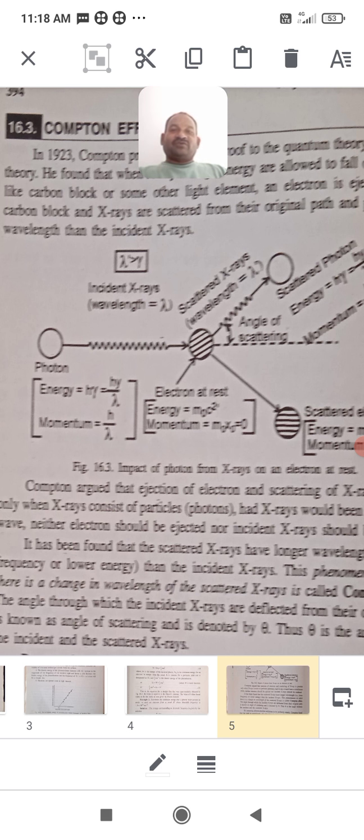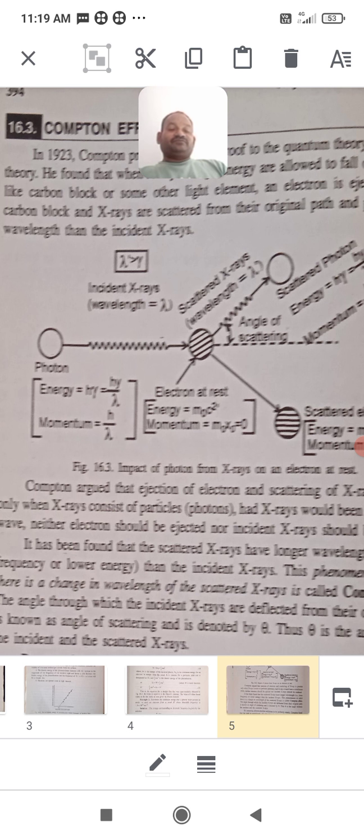The main theme of the Compton effect is that X-rays pass onto a metal surface. Then the metal absorbs the energy. That energy is utilized for the ejection of an electron. The remaining energy is passed away from the body, that is scattered X-ray light with longer wavelength, lambda dash.